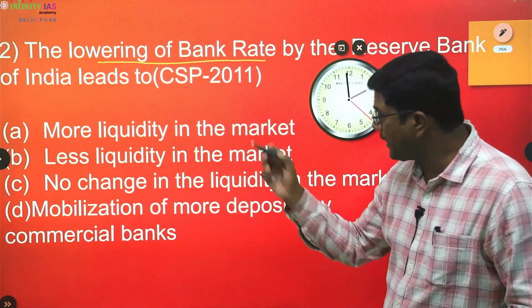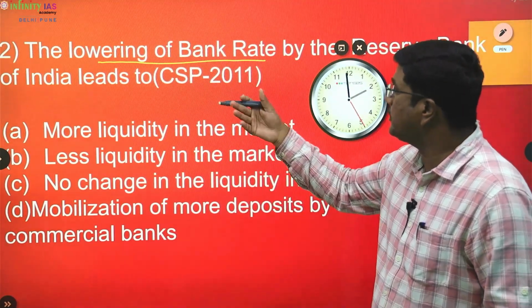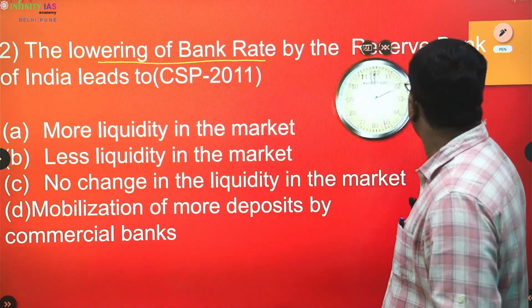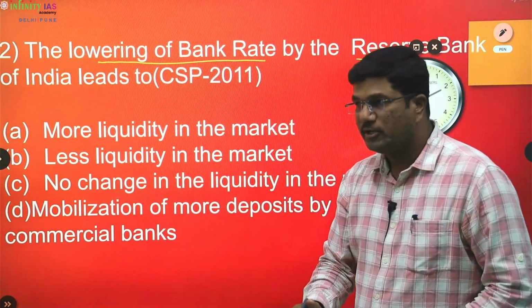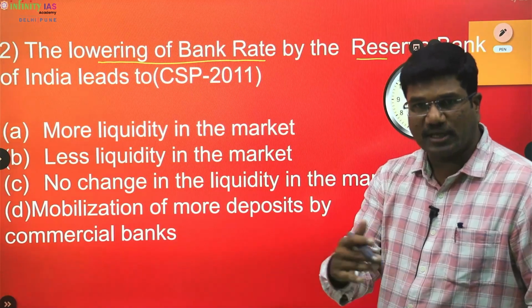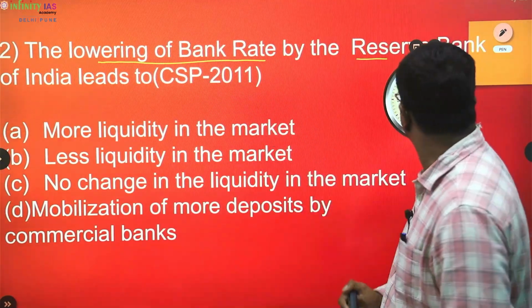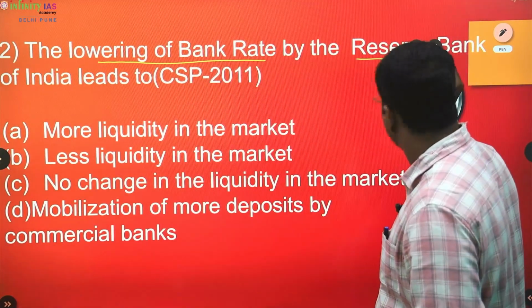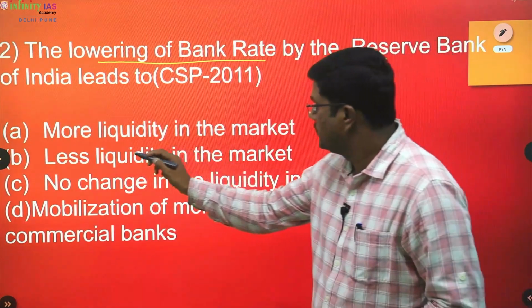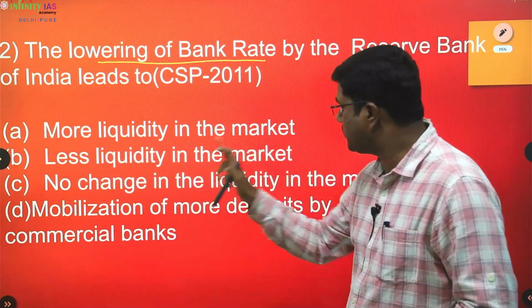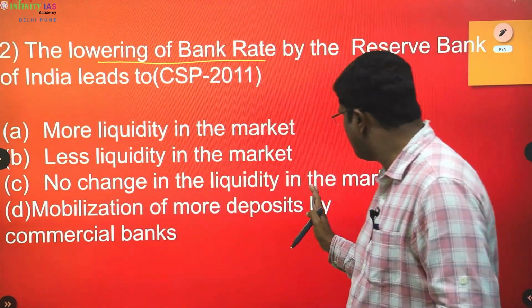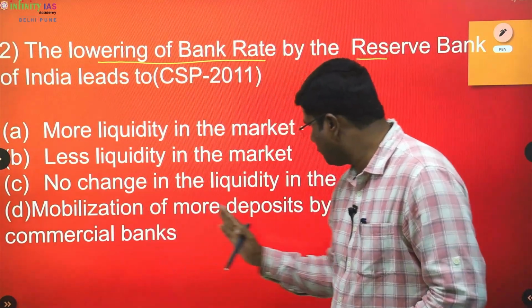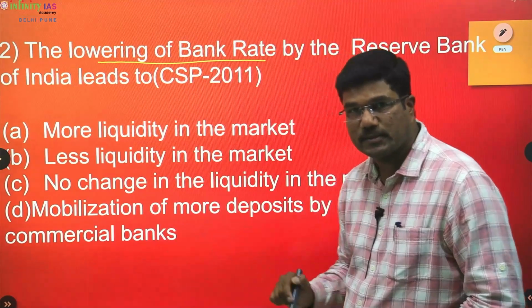Now, what will happen if RBI lowers the bank rate? See here: more liquidity in the market, less liquidity in the market, no change in the liquidity in the market, mobilization of more deposits by the commercial banks.